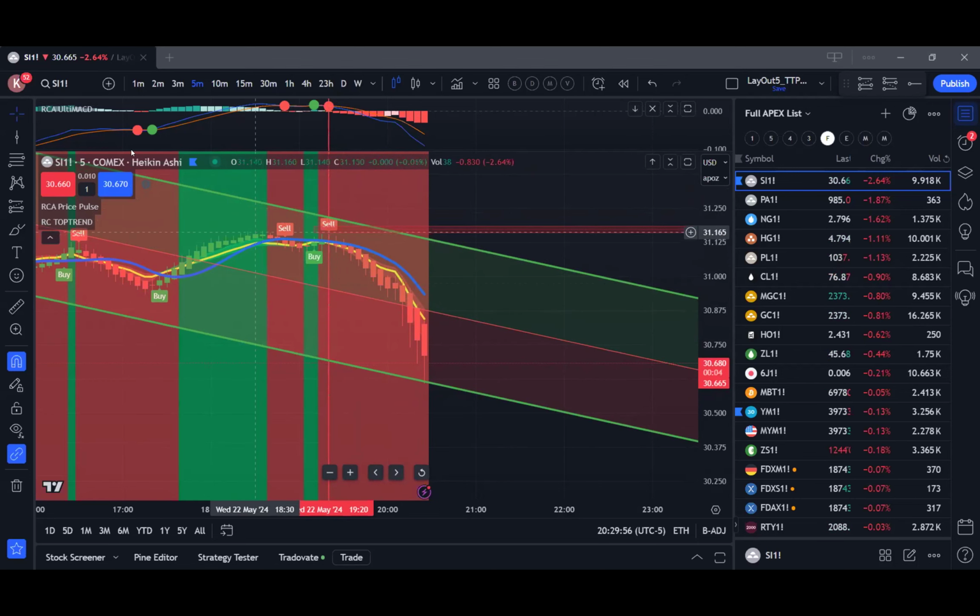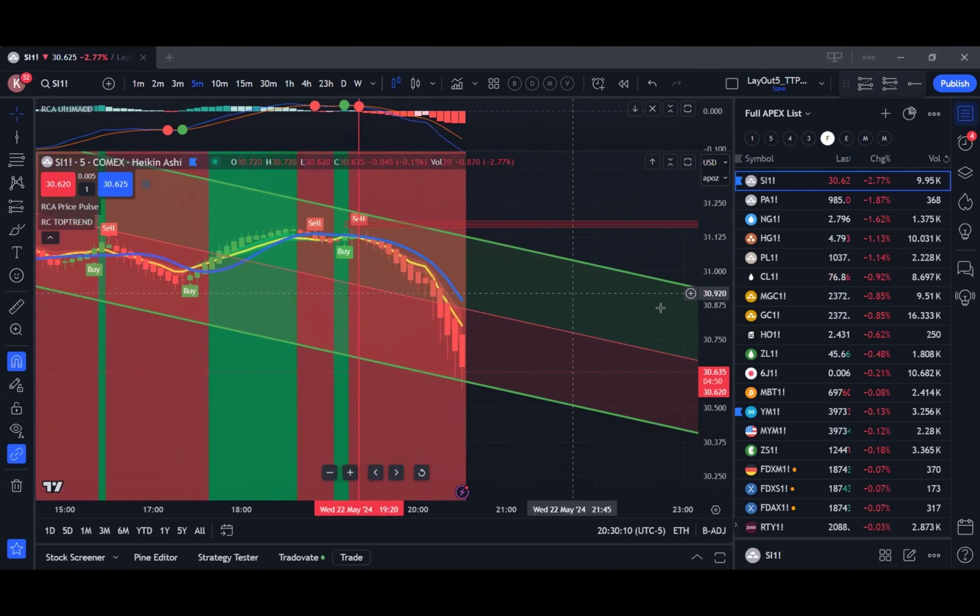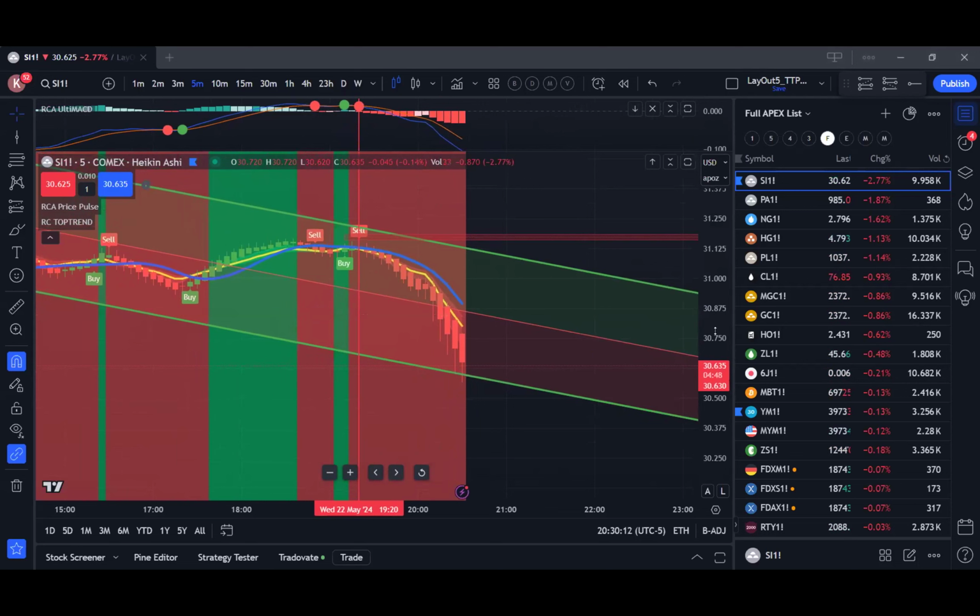And whenever you have a green at the top, you get a buy signal, if you have a green background, green candle. GGG for long, RRR for sell. Whether it is for stocks or futures or options, you just follow that strategy. Whenever you see red at the top, red candle and red background, go short.